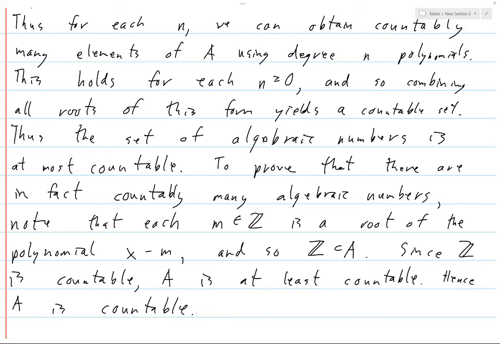And then when you construct the total set of algebraic numbers, what you do is, for each n greater than or equal to 0, you're taking roots from a countable list.